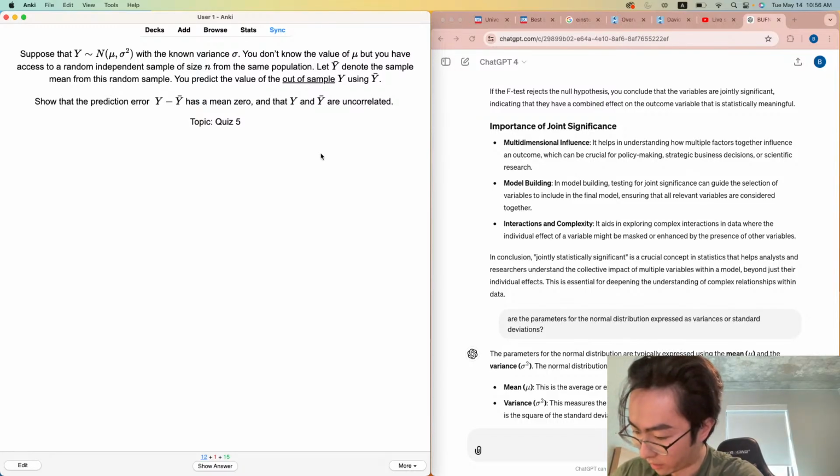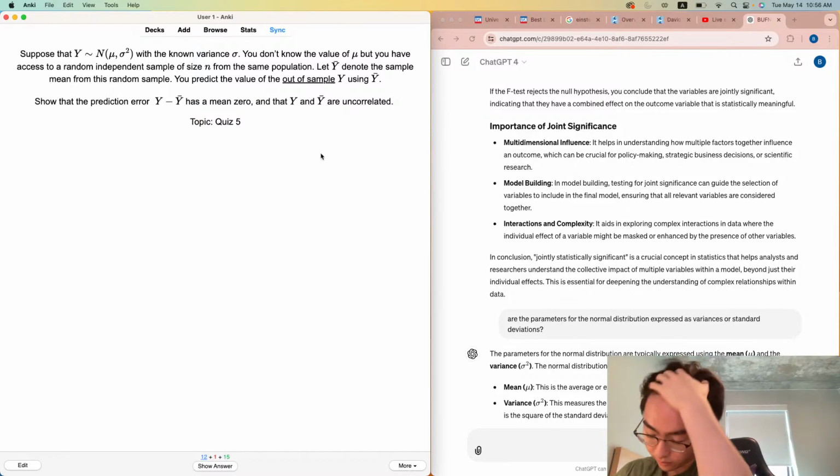So y bar minus mu, and then the sum from i equal to 1.